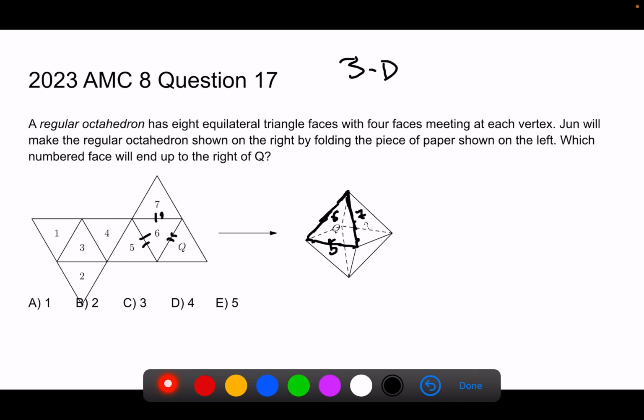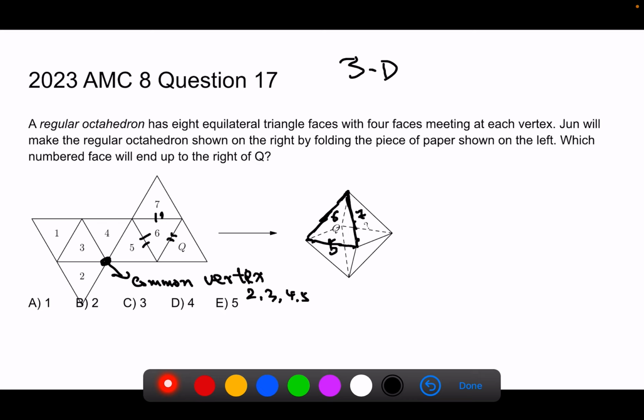Now, we have 1, 2, 3, 4 left, and we know 5 in the bottom. Then there is a really important point for you to notice. 5 shares this common vertex with 2, 3, 4, and 5.